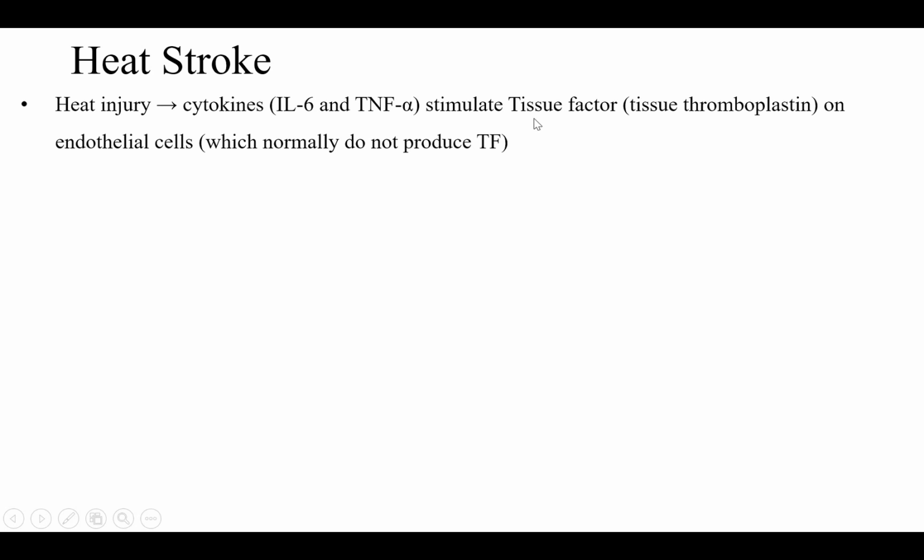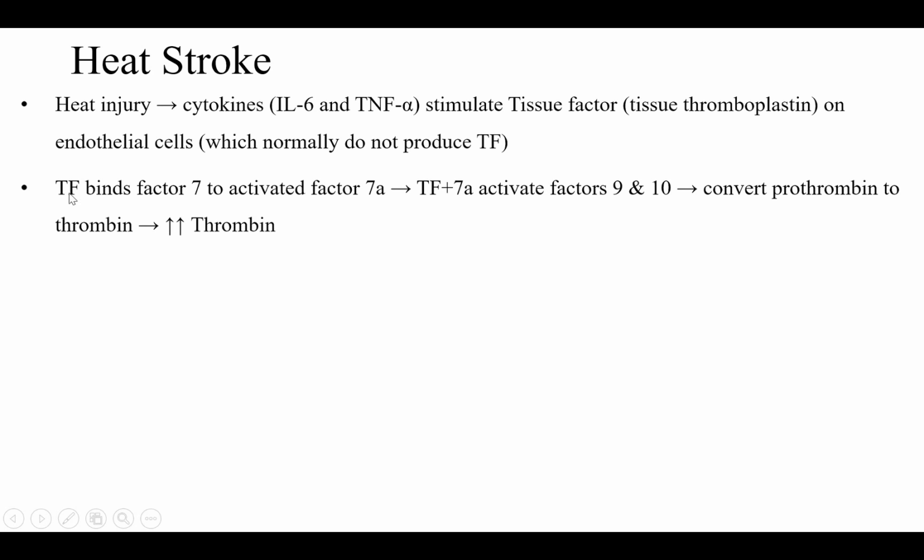And if you can recall, tissue factor stimulates the extrinsic pathway of the coagulation cascade. Anytime you have tissue factor stimulated, this is going to cause the body to become more of a hypercoagulable state.